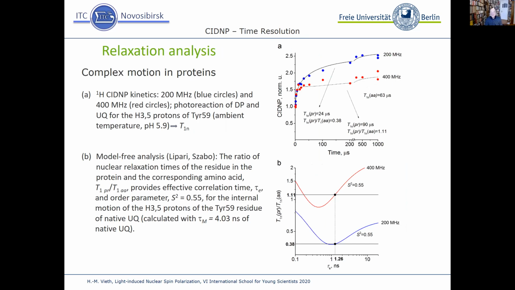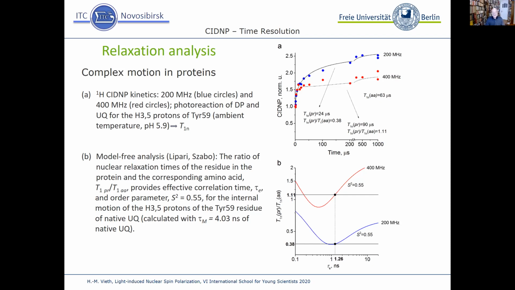So here is another situation where you want to measure the rate or the motion of residues in a protein.